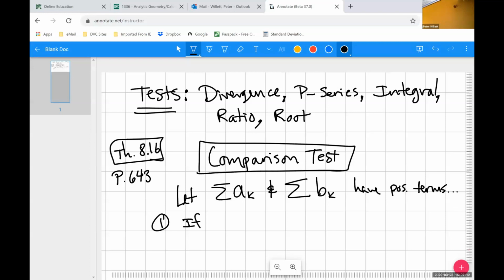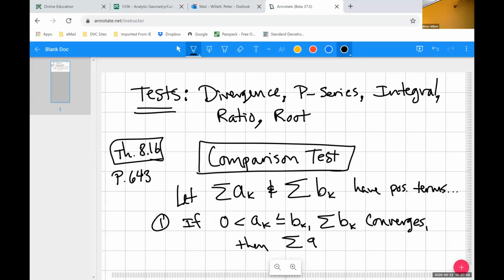So the way to state the first one is if the A sub k terms are bigger than 0 because they're positive, and they're always less than or equal to the B terms, and if we know that B sub k is a convergent series, so I know B converges, and I know the terms of my new series of A sub k's are less than the B terms, then the series of the A sub k's must also converge.